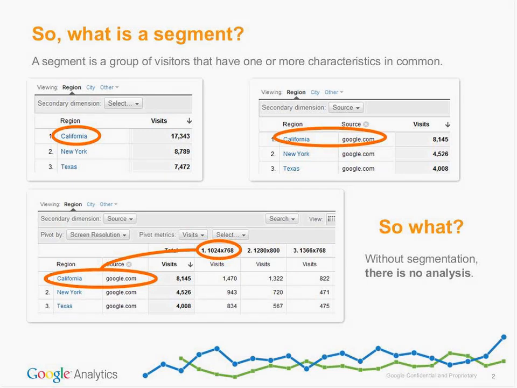However, upon further analysis, it could be that it's actually California CPC traffic that has a lower conversion rate than New York CPC traffic. Adding the additional dimension of medium and picking the segment CPC, you have a better understanding of who is converting with each segment and what you can do.